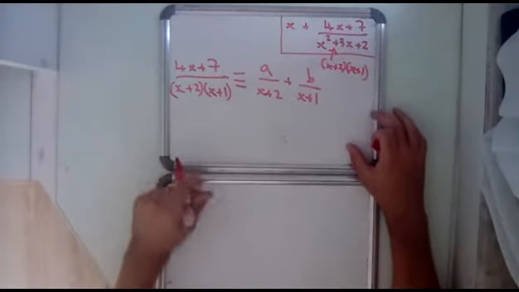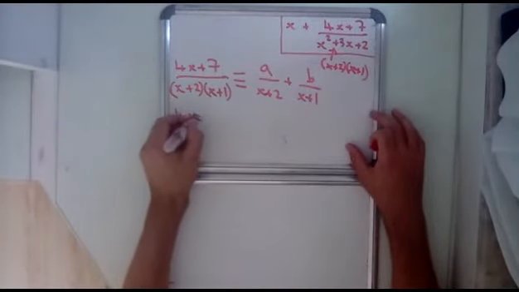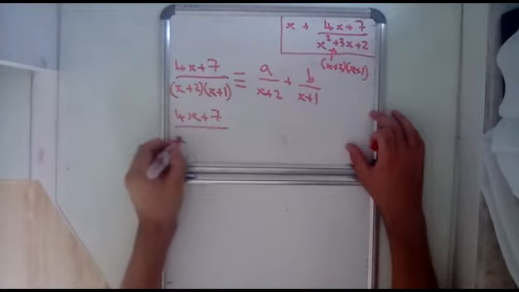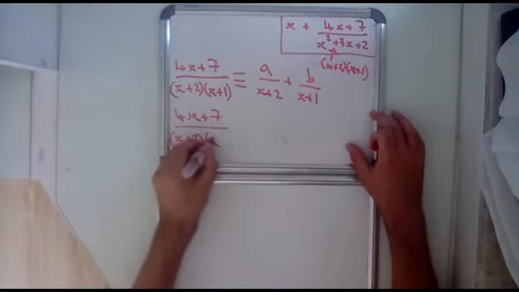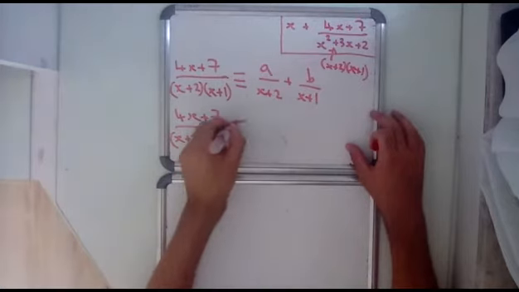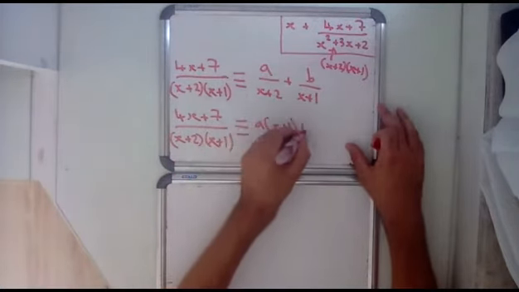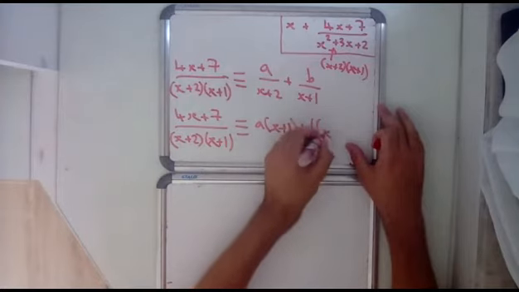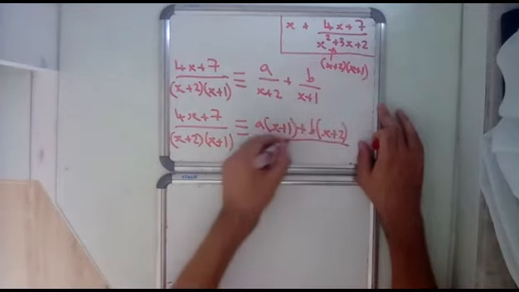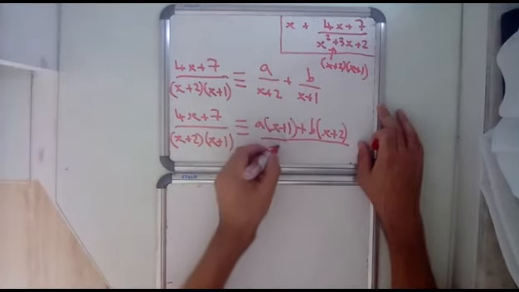So that is going to say (4x + 7) over (x + 2)(x + 1) is identical to A(x + 1) plus B(x + 2) over (x + 2)(x + 1).